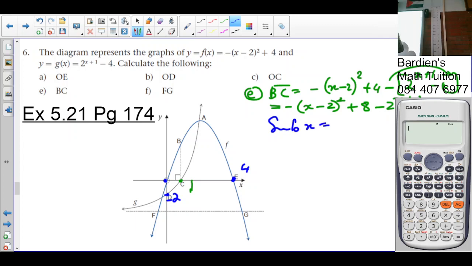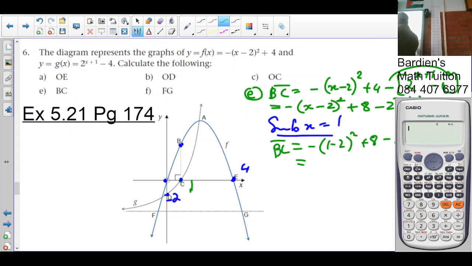What's the x value here on this line? 1. So if we assume x equals 1, the length of BC is going to be negative (1 minus 2) squared plus 8 minus 2 to the 1 plus 1. That's going to be negative 1 plus 7. 7 minus 4 is 3. So it's going to be 3 units.